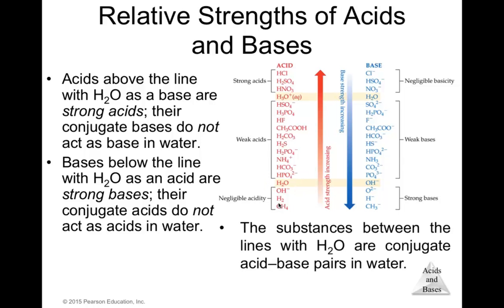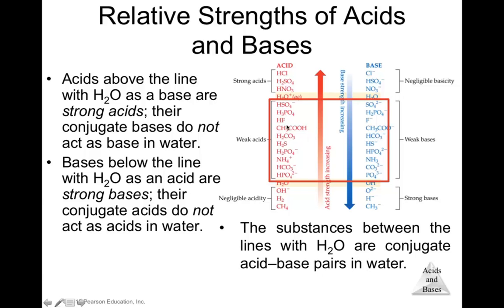So the substances between the lines with water are conjugate acid-base pairs in water. So these exist as an acid-base pair in water. When this one is in water, you're going to see just the Cl-, the conjugate base, because this dissociated completely. It's the same with the strong base. But where you have weak acids and weak bases, you're going to see both species in water.